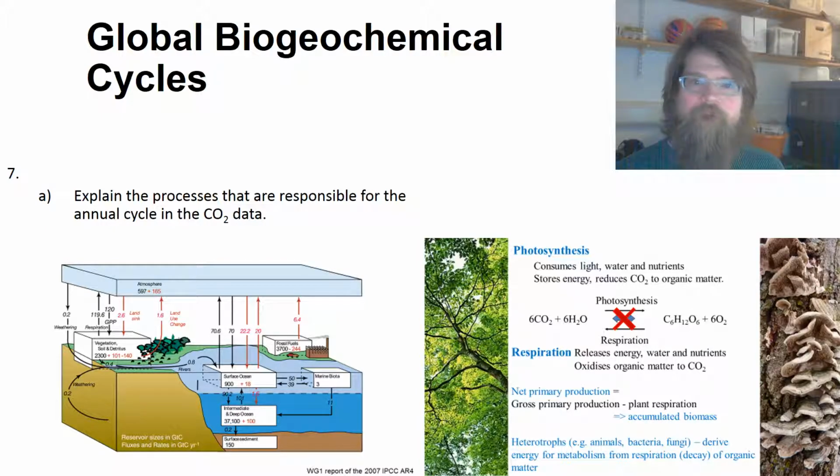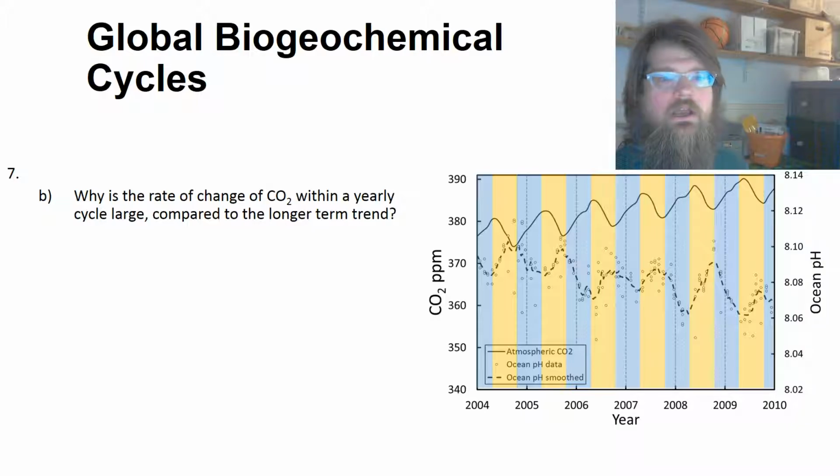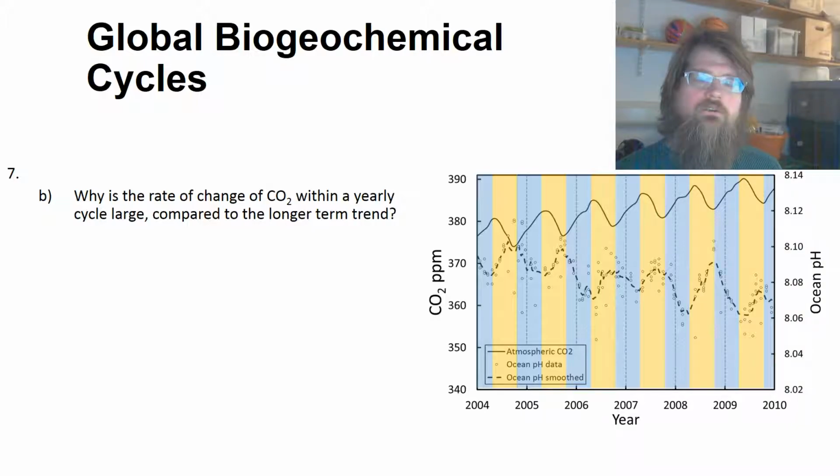Okay, so that's the first part. The next part is looking at why the rate of change of CO2 within the yearly cycle is large compared to the long-term trend. To explain what that means, we can look at the long-term trend. The rate of change of the long-term trend is basically just the slope of this line.